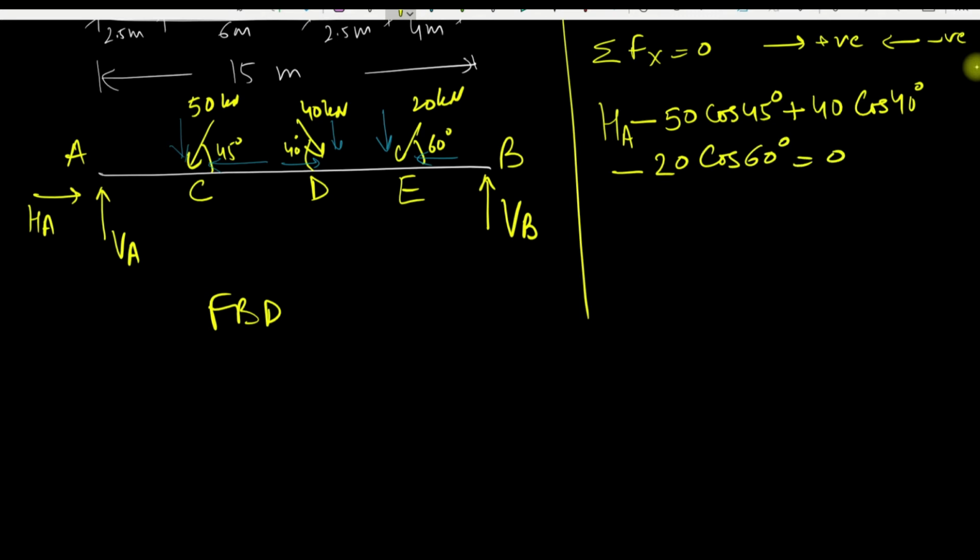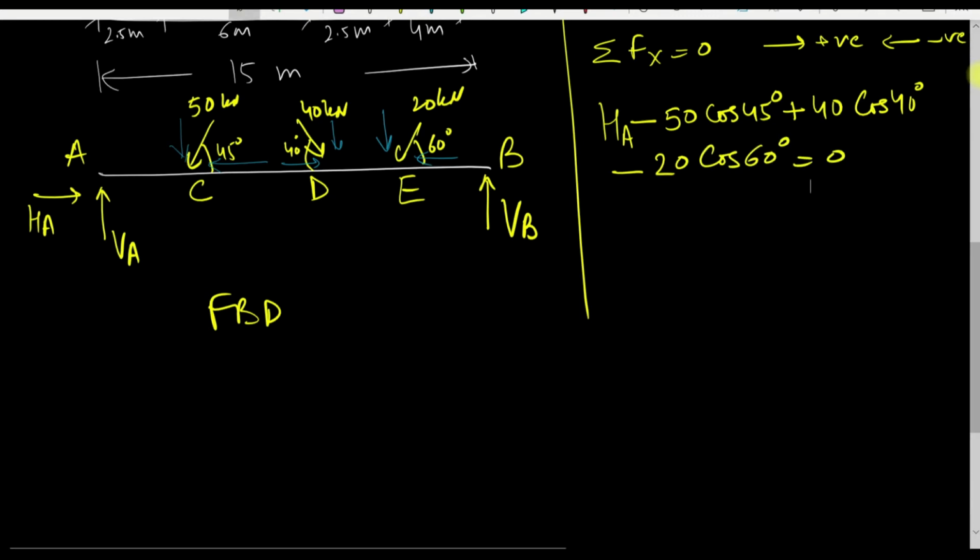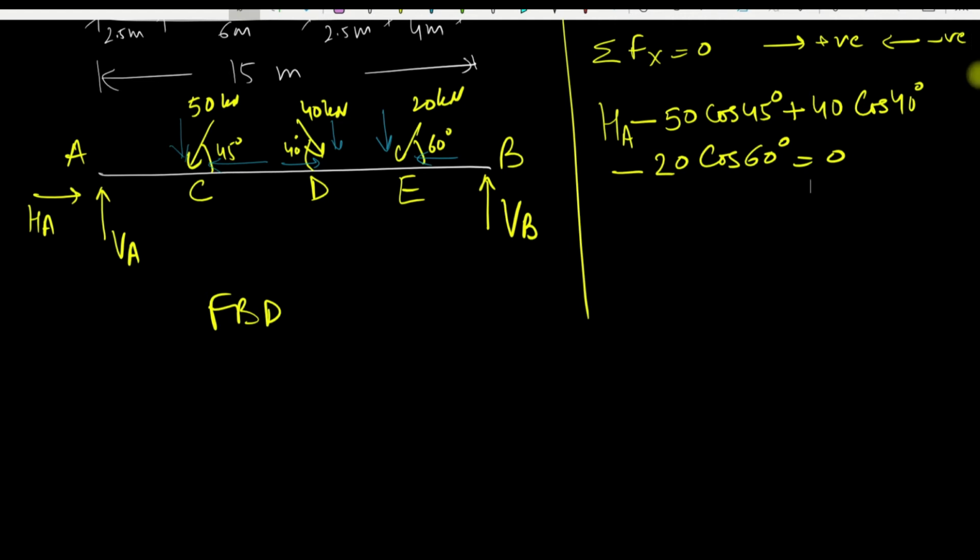This is equal to 0. So we can solve this equation, and HA will be equal to 33.16 kilonewton.